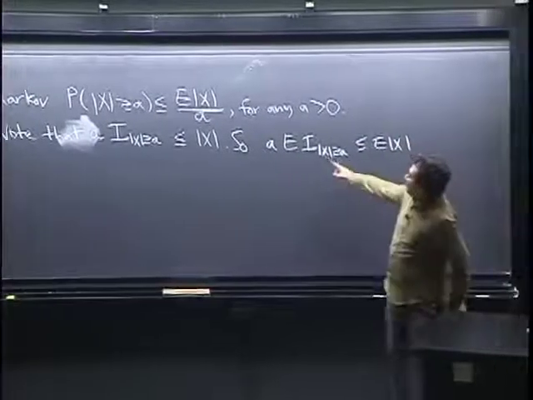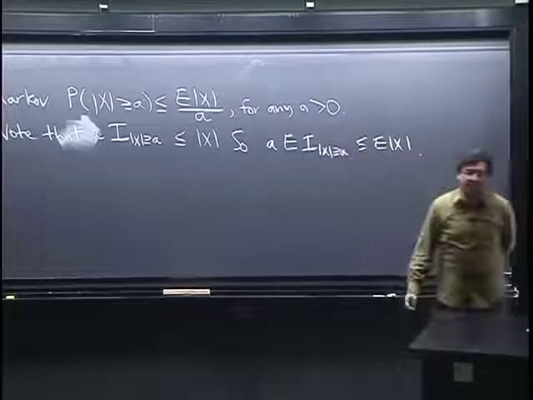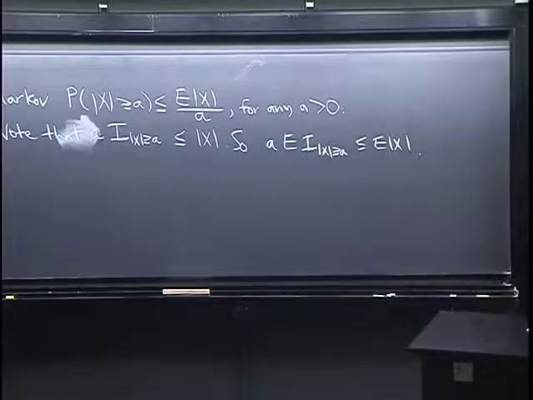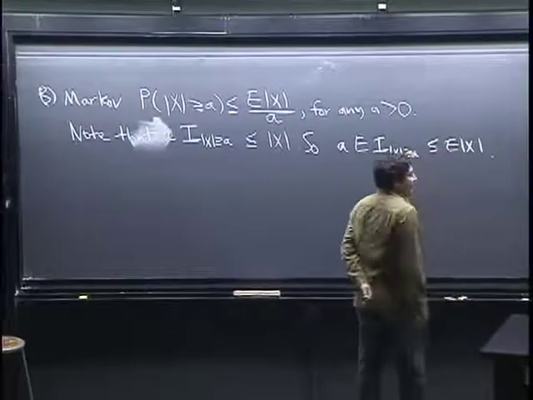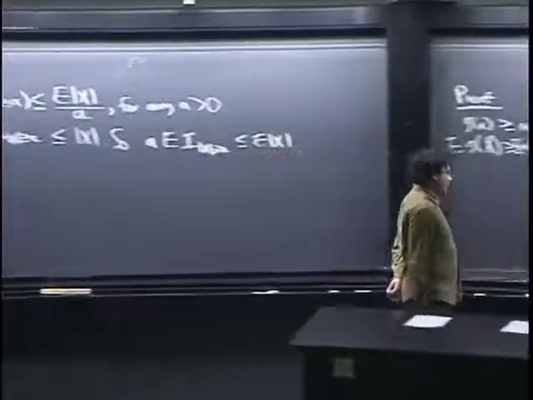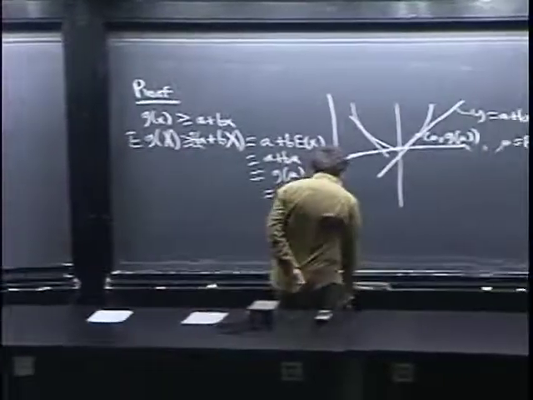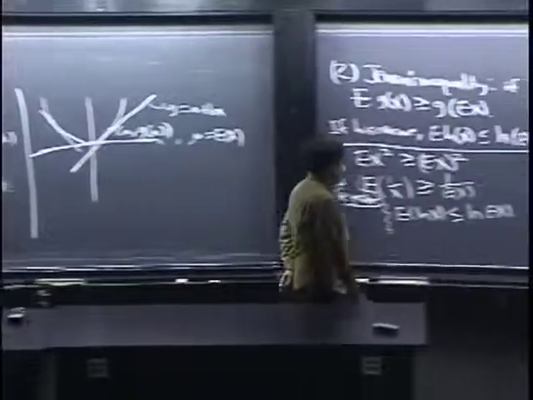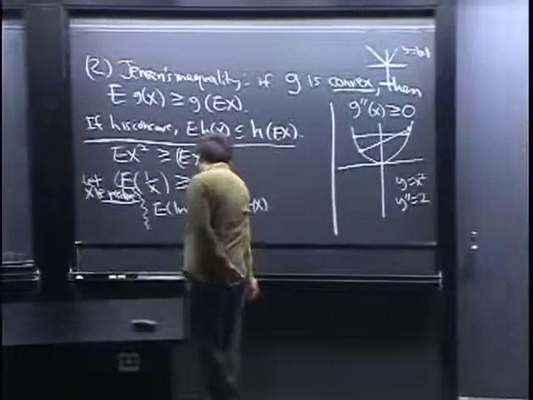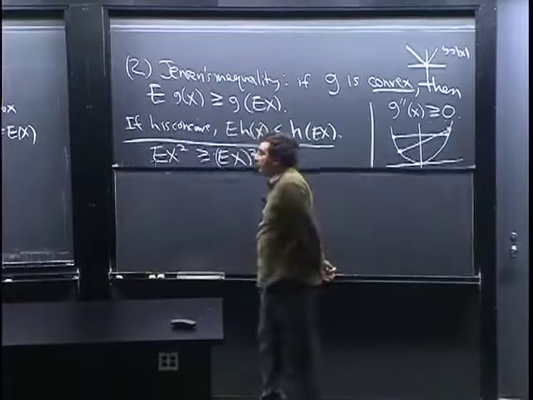And by the fundamental bridge, that's the same thing as Markov's inequality. So that proves Markov's inequality. Okay, so if you want a little bit of intuition on Markov's inequality, let's think of a simple example. Then we'll do the last inequality.